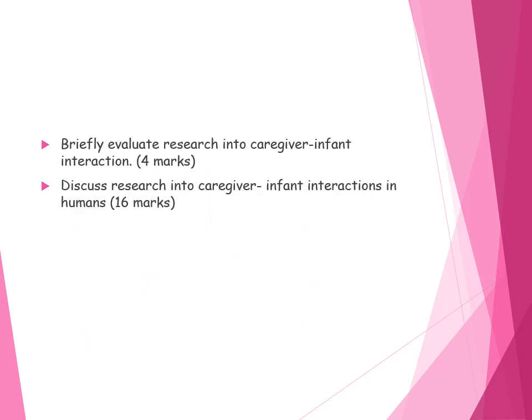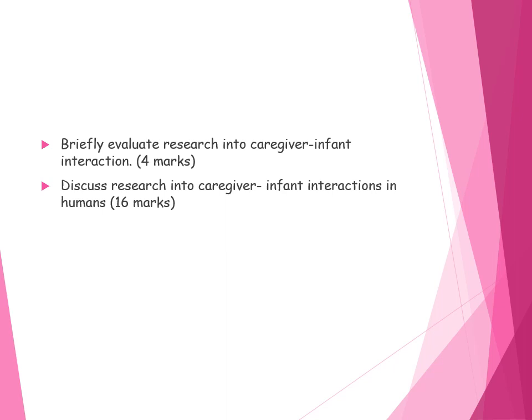So if we look at some evaluation-based questions, we have briefly evaluate research into caregiver interactions for 4 marks. So I would do 1 evaluation point there. Or we could have a 16 marker that is discuss research into caregiver interactions in humans, 16 marks. And remember, discuss is outline and evaluate, so you need to do your 6 marks worth of AO1 and your 10 marks worth of AO3.